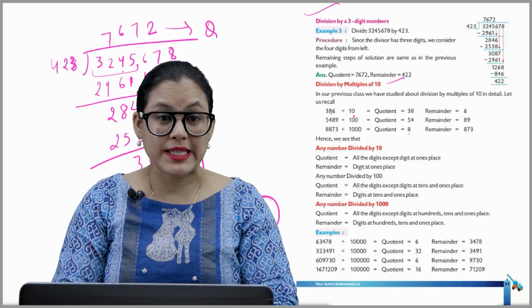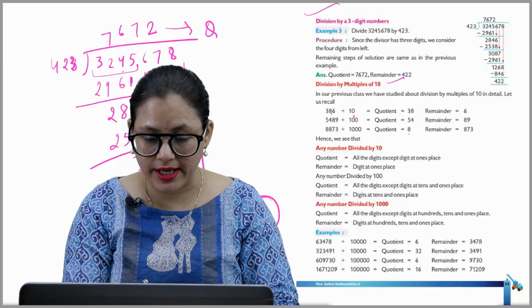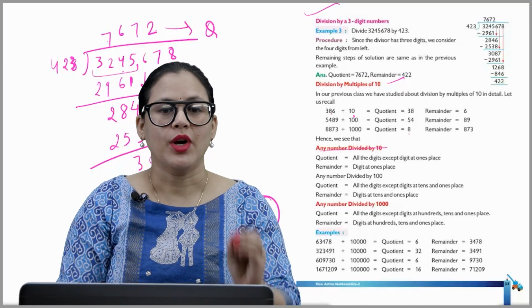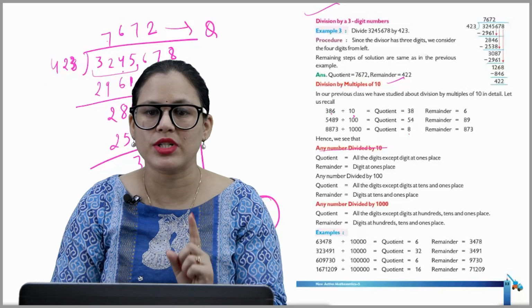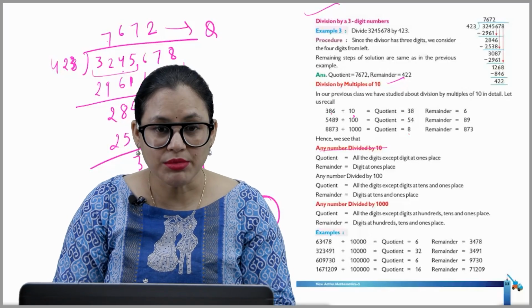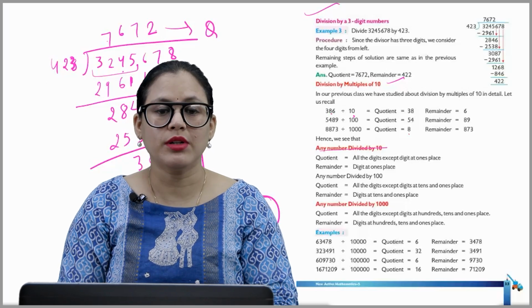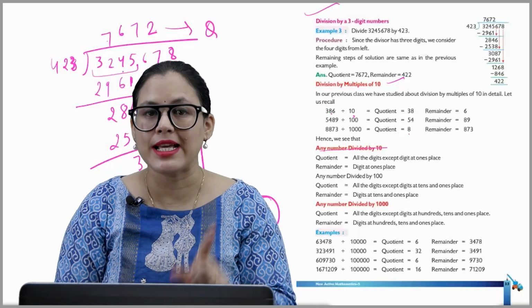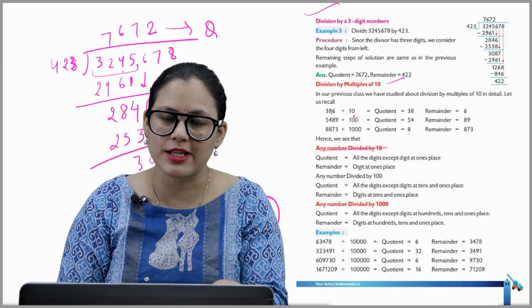Okay, so hence we see that any number divided by 10, quotient is all the digits except the digit at ones place, remainder is the digit at ones place. Any number divided by 100, quotient is all the digits except digits at tens and ones place and remainder is digits at tens and ones place.